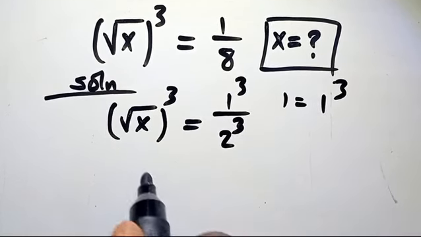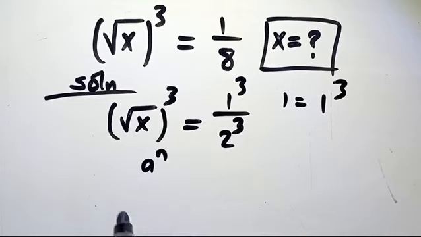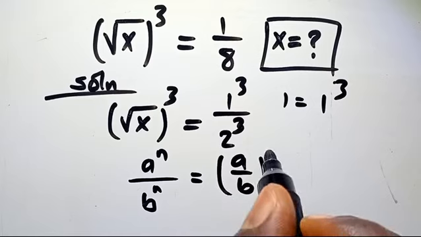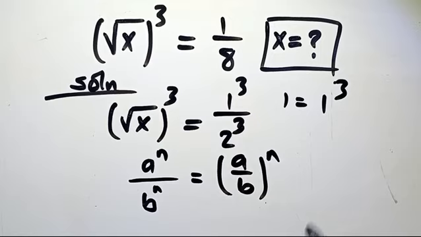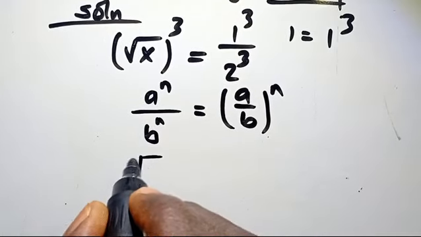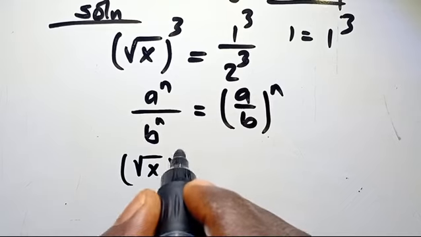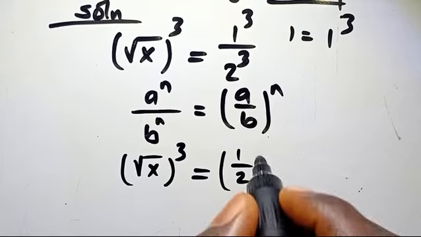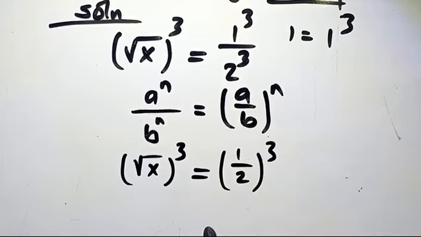Then when you have a to the power of n over b to the power of n equals (a over b) to the power of n. So from here, we have (root x) to the power of 3 equals (1 over 2) to the power of 3.